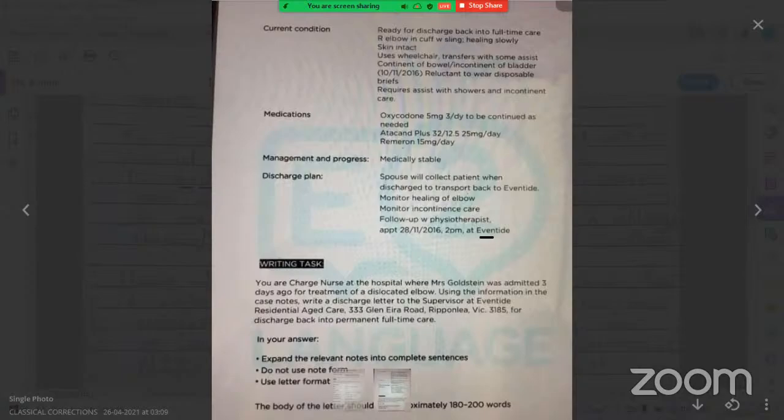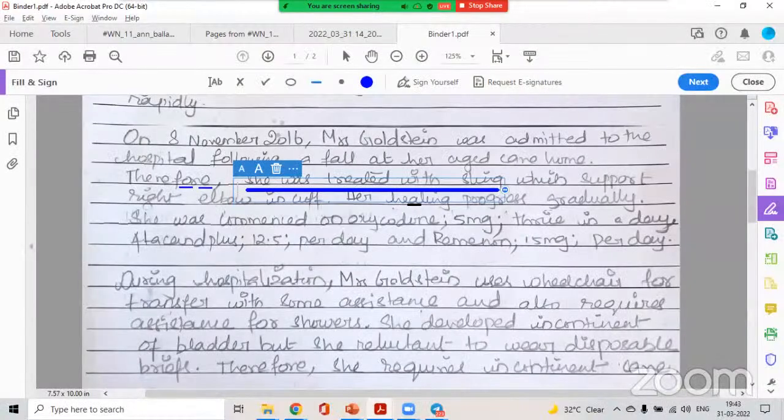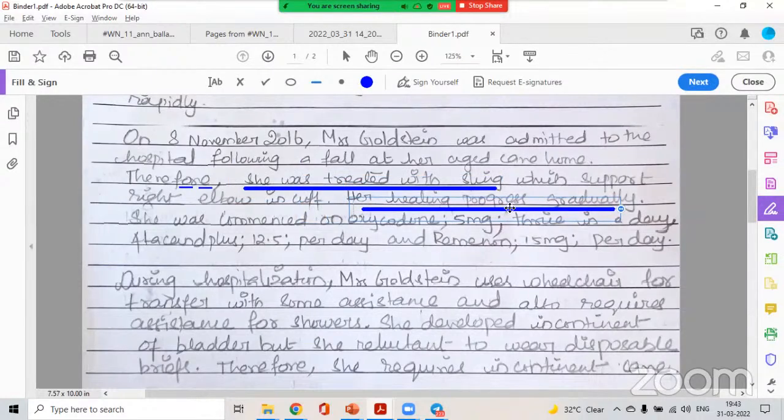Okay, write down. Next one, her healing progress gradually. Gradual healing has been observed or noticed. Remove she was.